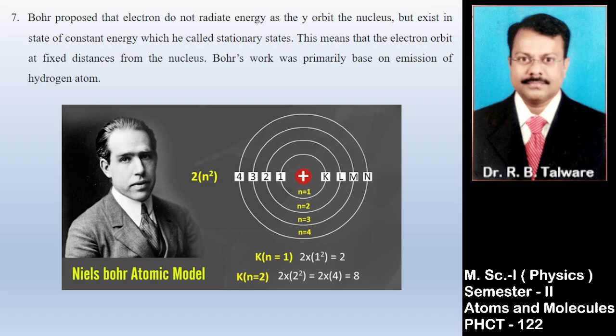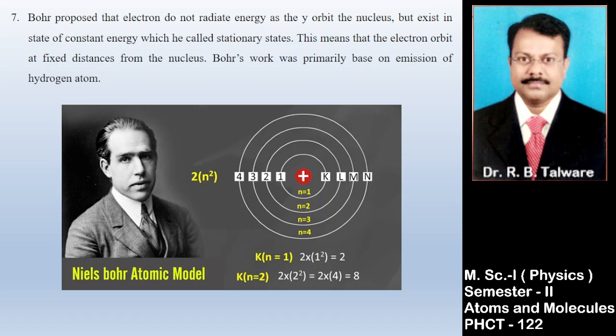Bohr's work was primarily based on emission of the hydrogen atom. This is the diagram of the Niels Bohr atomic model. They are giving names to all orbits. First is K, second one is L, third one is M, and last one is N. Using this number, they find the electron position using this formula, 2n squared. Here n means this number.